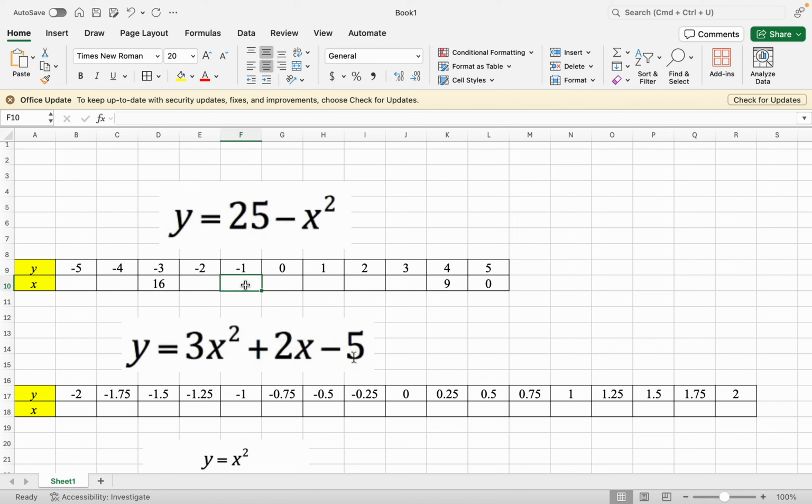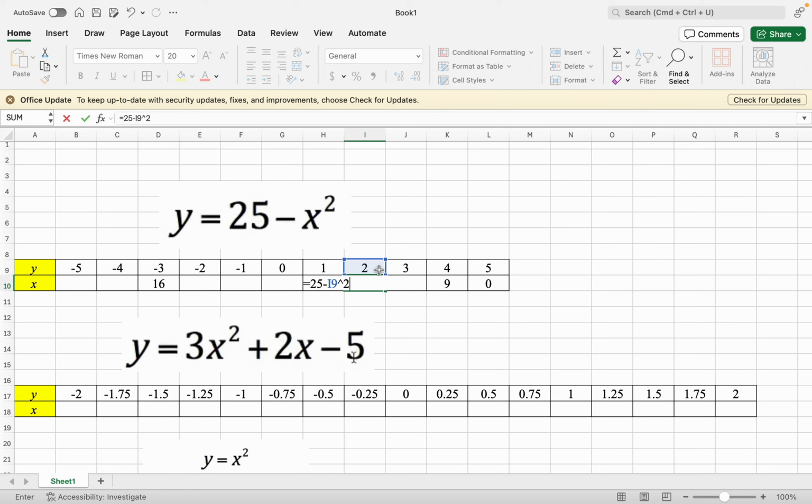Now on a spreadsheet, of course, you can do a formula. So I could write in here that this cell is going to be equal to 25, minus, and then I want x squared, and x is in the cell above, which happens to be I9 in this case, to the power of 2.